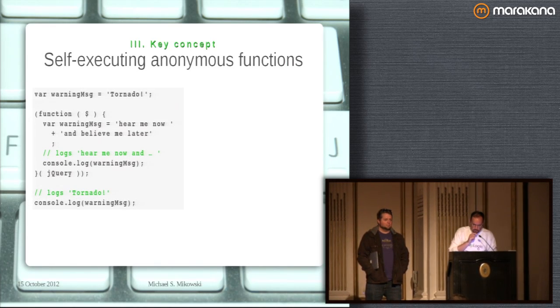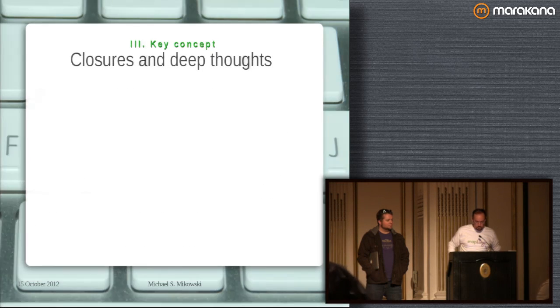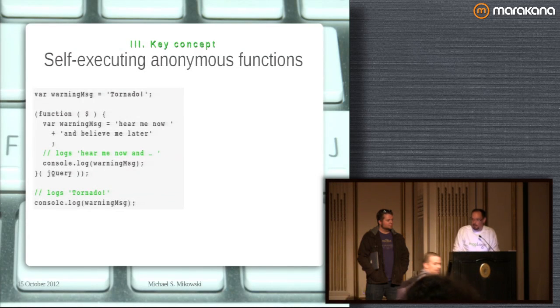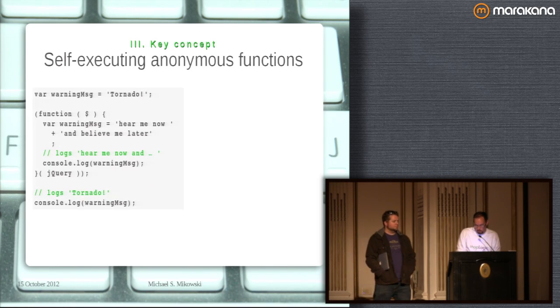I want to talk about self-executing anonymous functions. We mentioned before that JavaScript does not offer block scope. And that's not actually 100% true. It's practically true.